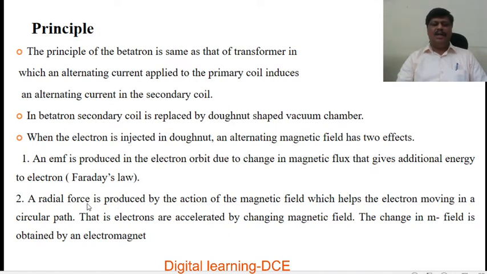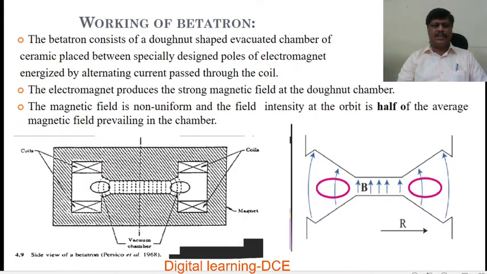This radial force is produced by the action of the magnetic field which helps the electron move in a circular path. That means electrons are accelerated by changing magnetic field. The change in magnetic field is obtained by an electromagnet, that is, a donut shaped circular chamber is placed between the two electromagnets.